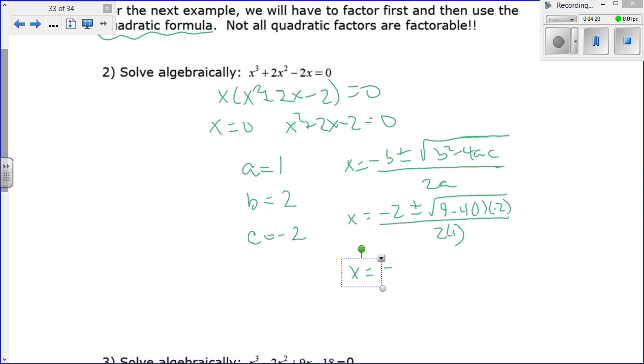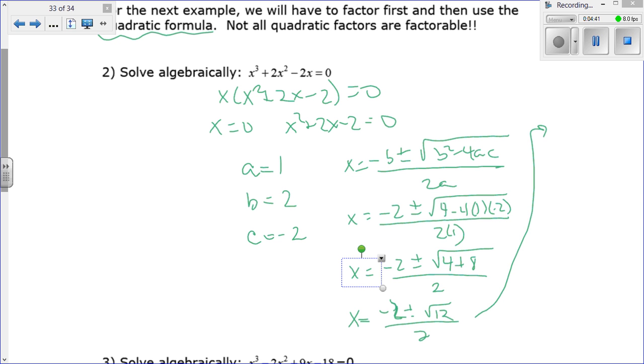So x equals negative 2 plus or minus the square root of 4 plus 8 all over 2. So x equals negative 2 plus or minus radical 12 over 2.